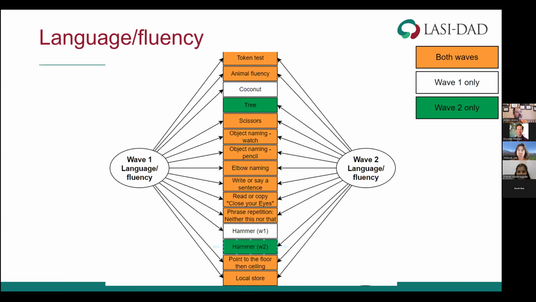But in wave two, to conform with other studies in other countries, we allowed additional answers, such as to hit something or to pound something. Obviously, people can use hammers to break open a coconut. You don't just use a hammer to pound a nail into something.